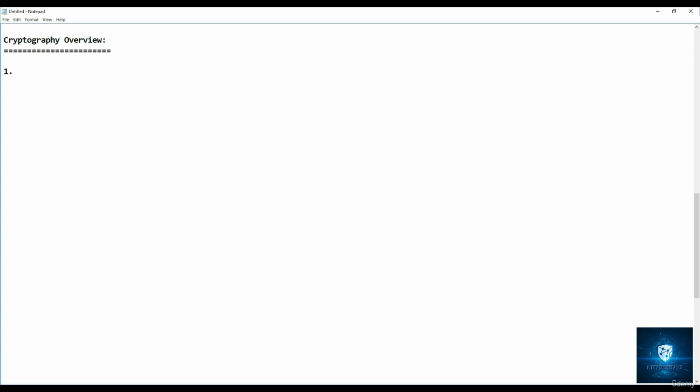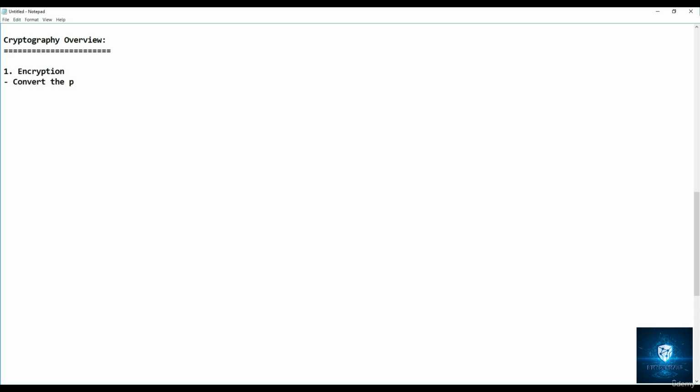The first function is the encryption technologies that cryptography uses. The job of the encryption process in cryptography is to convert the plain text into unreadable ciphertext.